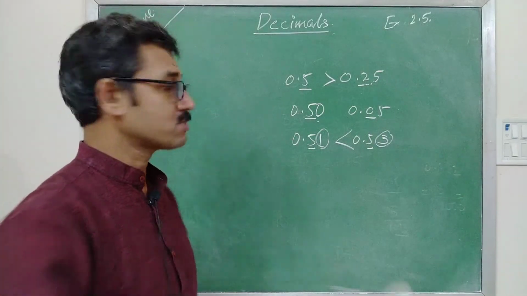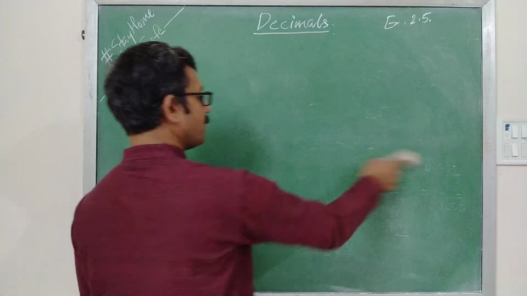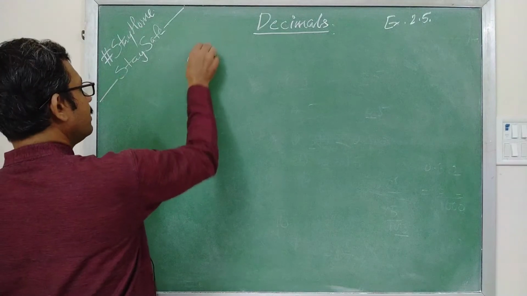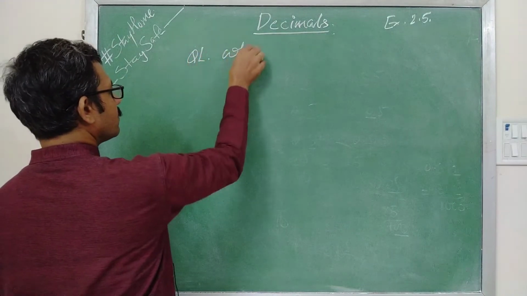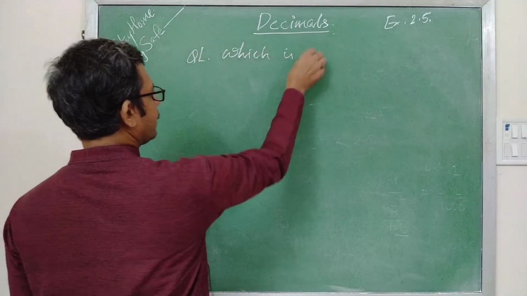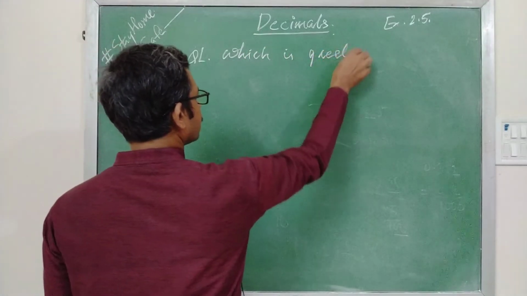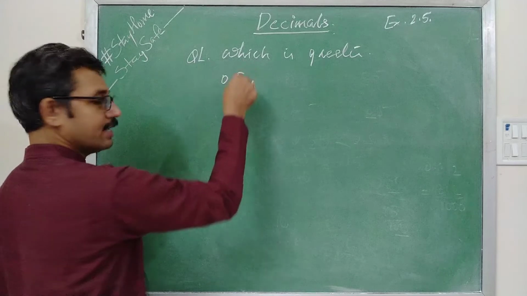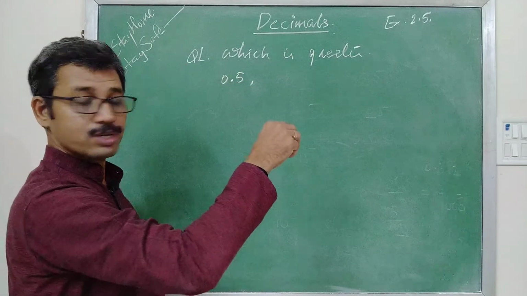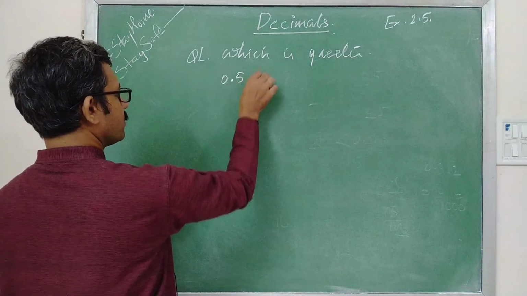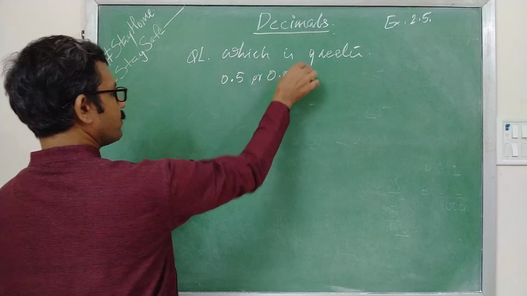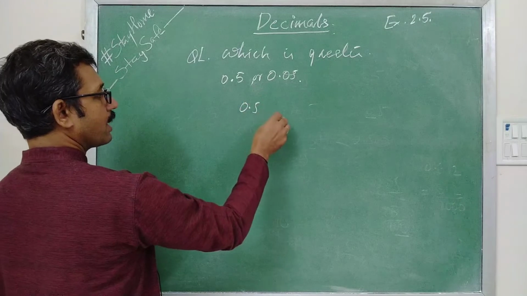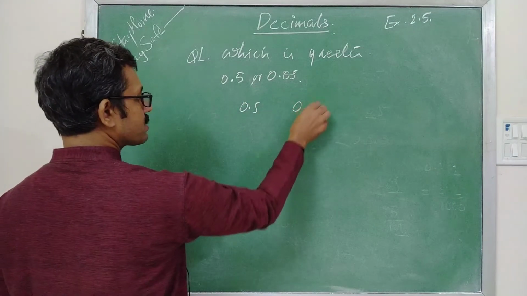Here it is. The first one is 0.5 and 0.05, question number 1, which is greater. You know that 0.5 and 0.05.